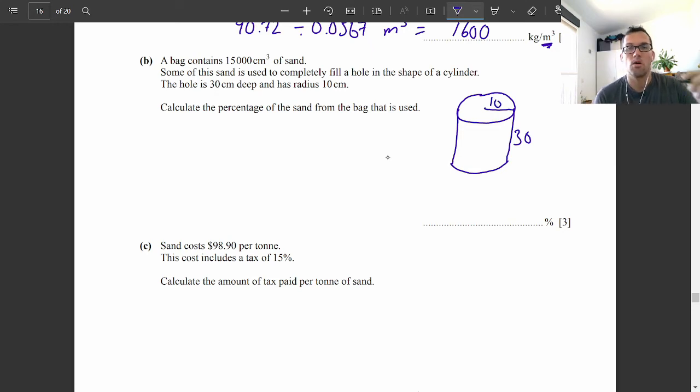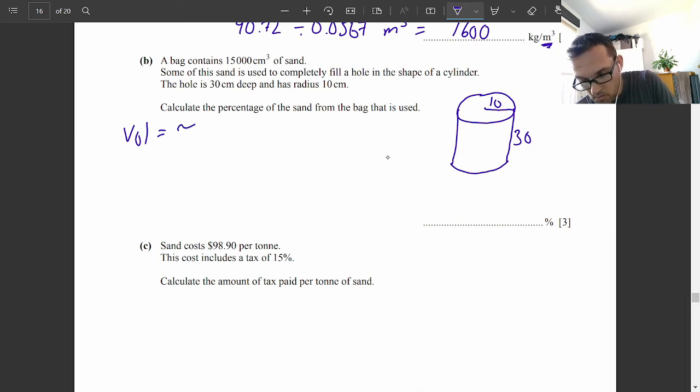The volume of a cylinder, remember, just like any prism, we need to take the area of the cross section, which in this case is a circle, so it's pi r squared, and then multiply it by the height. So this will be pi times 10 squared times the height is 30.